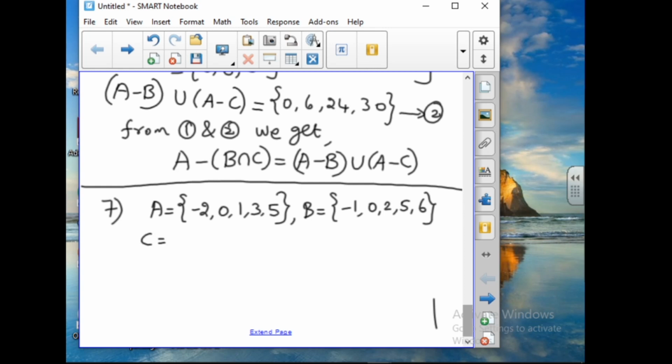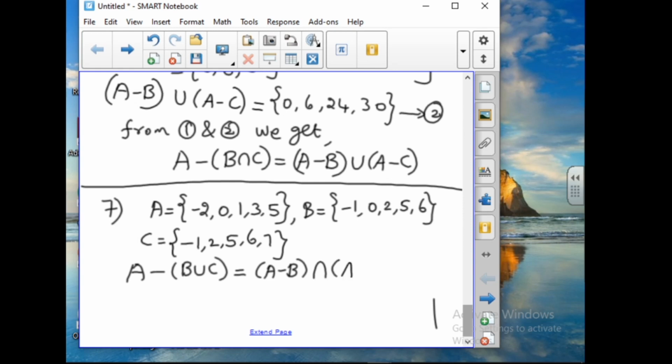C is equal to -1, 2, 5, 6 and 7. So the same problem. In the same way you have to find A difference B union C. A difference B union C is equal to A difference B intersection A difference C.